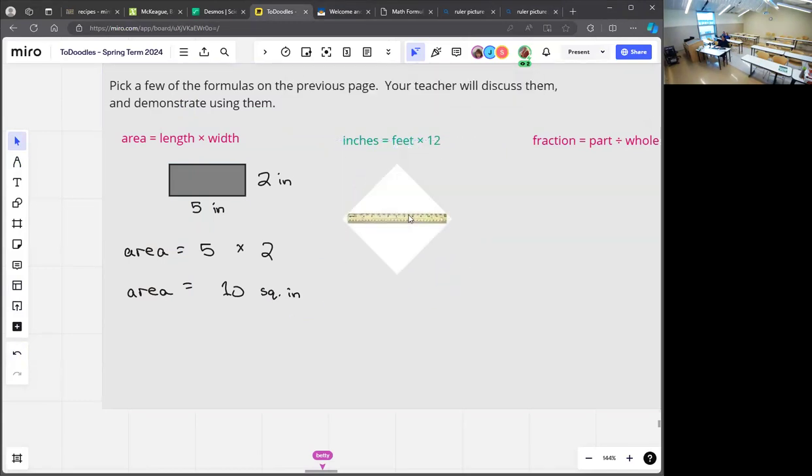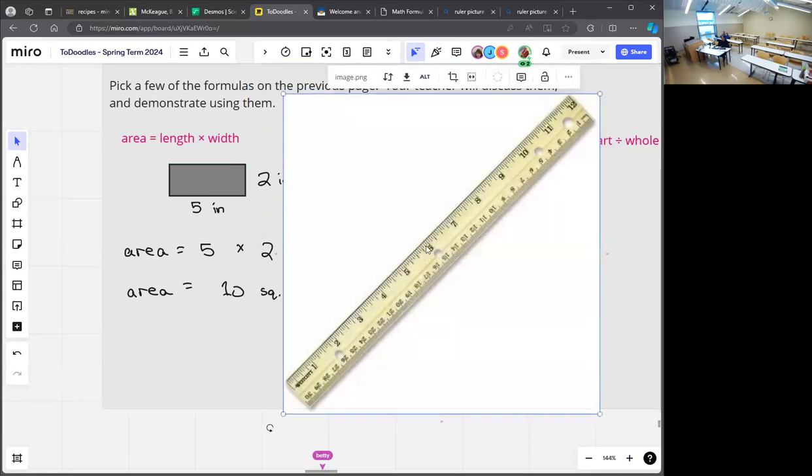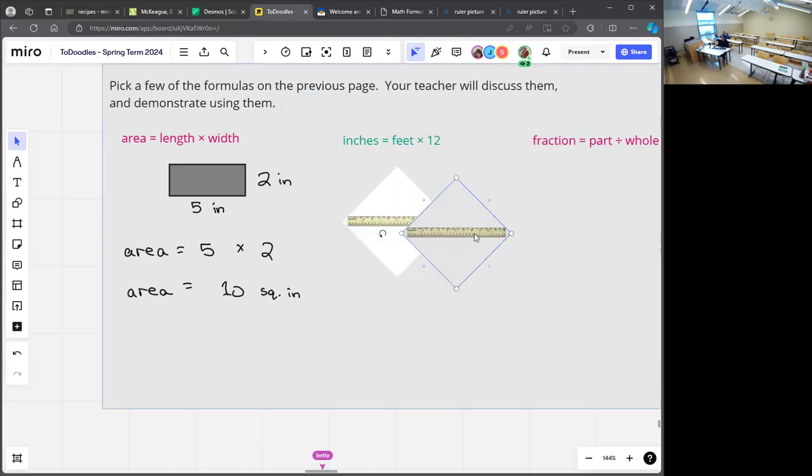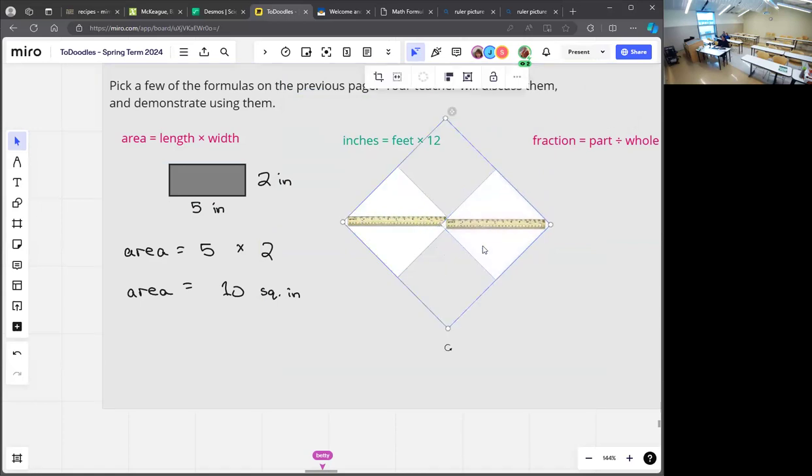So there's my one ruler. Okay, why did it make a new one? I copied that one that is small and rotated, there we go, okay. So I have 2 rulers next to each other.